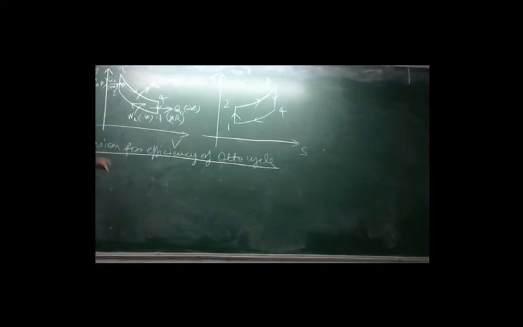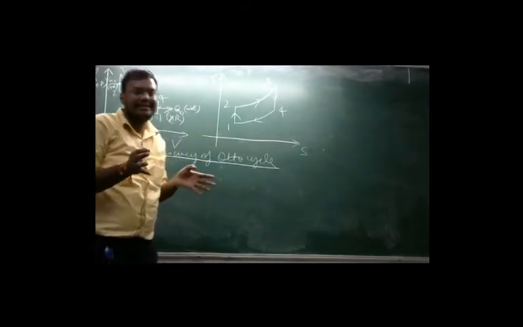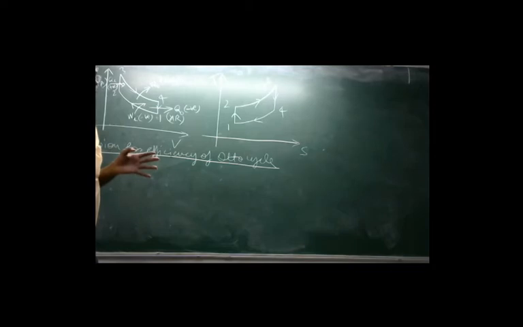Now if we see all these systems, what we require is net work. From any cycle, from any system, the main objective is to get the output. So what will be the net work output which we are getting?